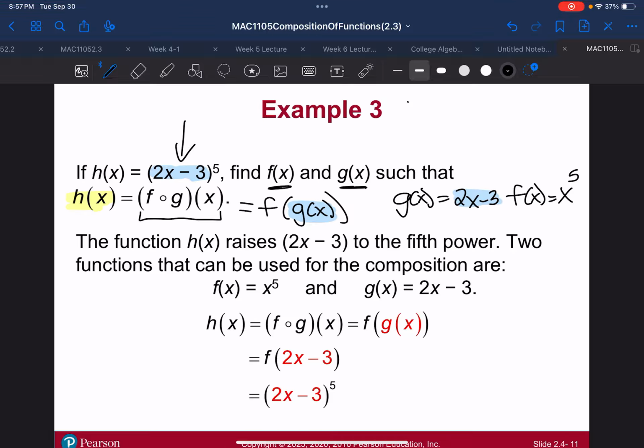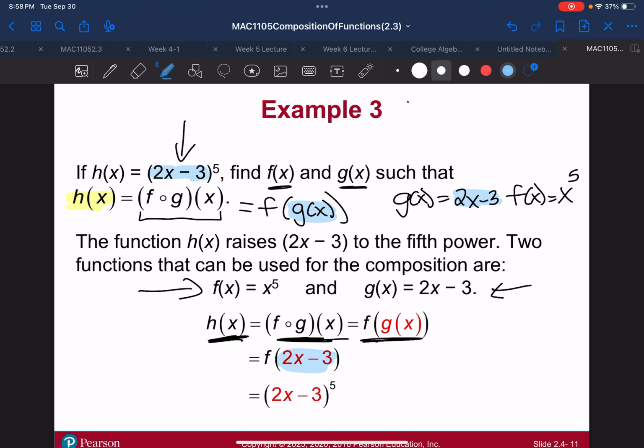And then you just kind of try it. So that's what they have down here, by the way. f of x equals x to the 5th, g of x equals 2x minus 3. So once we test it, we're going to see, okay, does h of x equal f of g of x? And I have chosen g of x to be 2x minus 3.